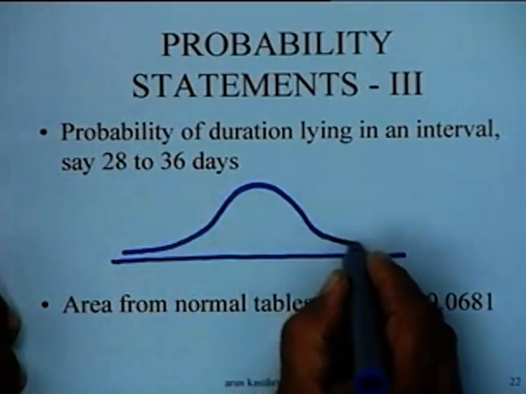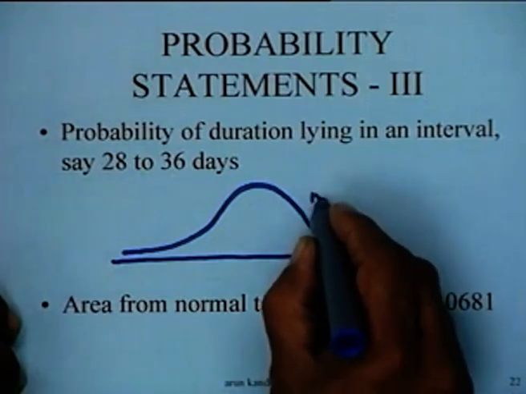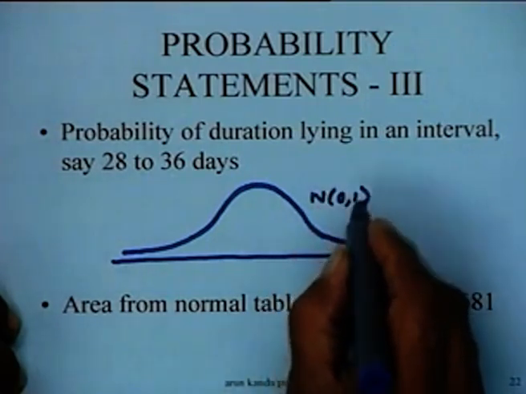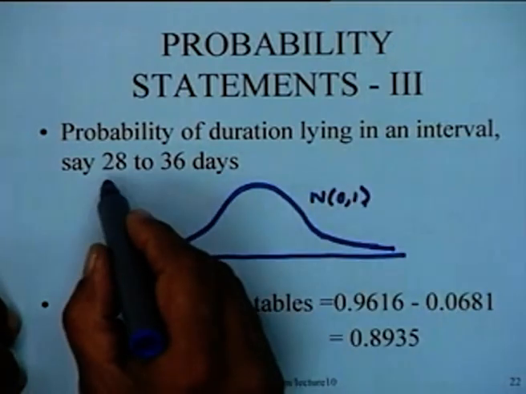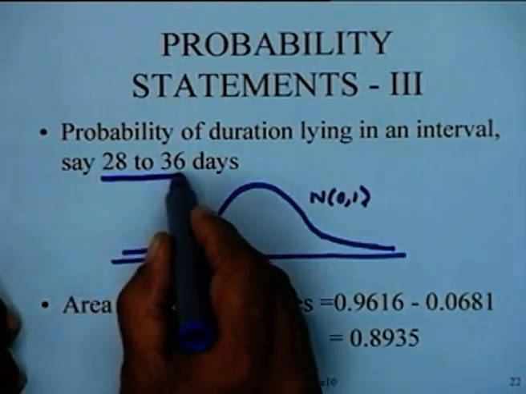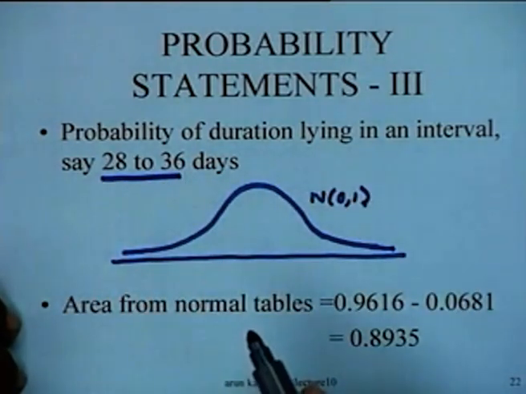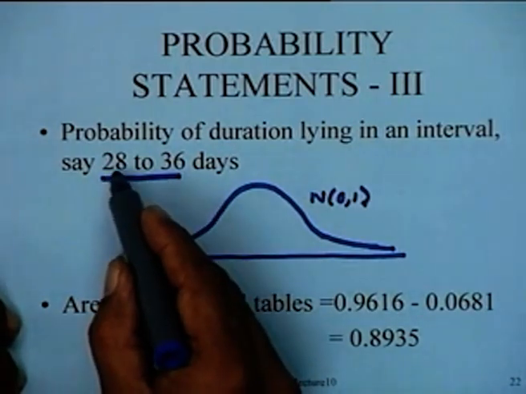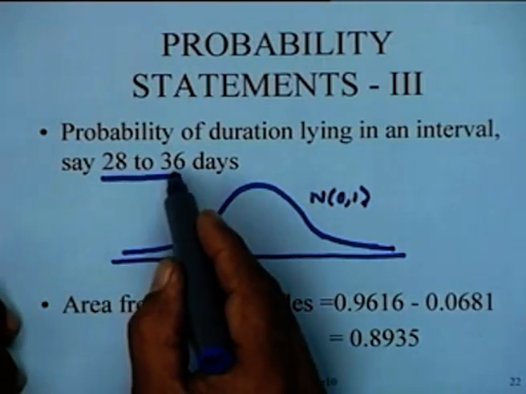So the standard normal distribution would be something like this, and we are interested in finding out the probability that the project would be completed between 28 and 36 days. Again, you would compute the z value for each one of these. 28 we had already computed and 36 we had already computed.